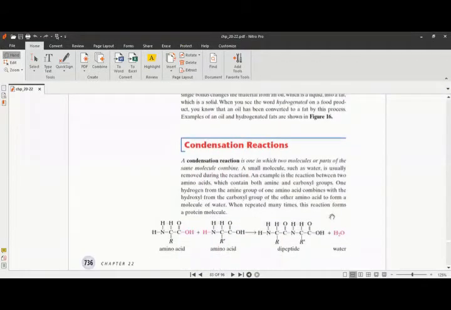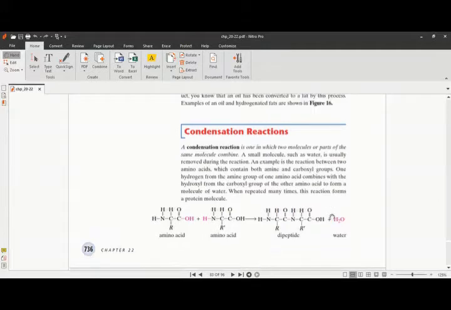After that, we talked about condensation, and you should remember it because we are going to take this part again in the lesson today. A condensation reaction is one in which two molecules, or parts of the same molecule, combine together.